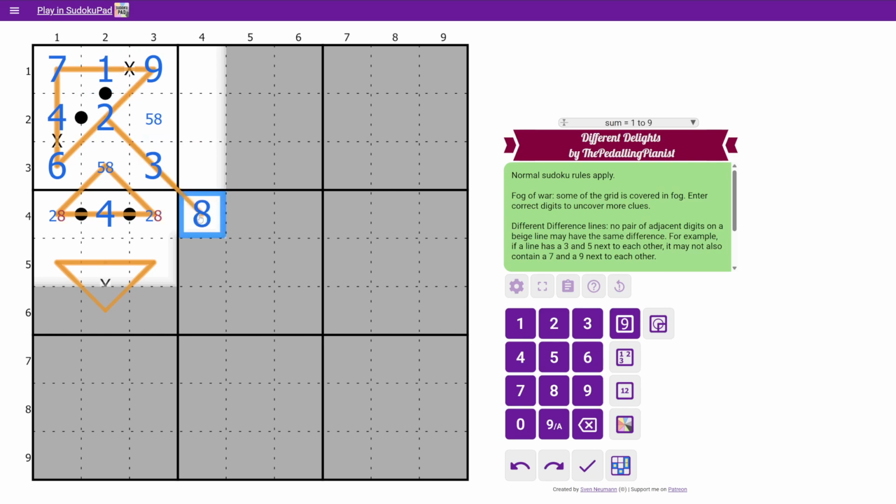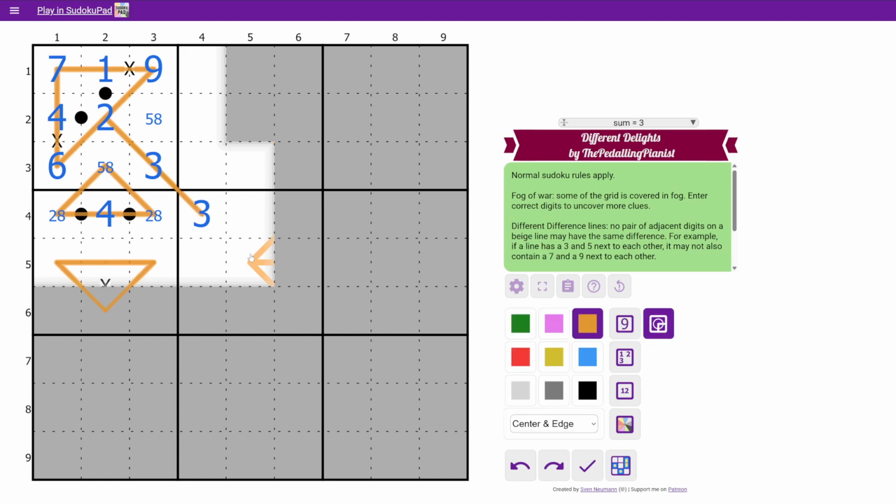So this saying this is 8, that is incorrect. We haven't had 0. This is a 3. Wow, nice little trick there. Okay, good one.